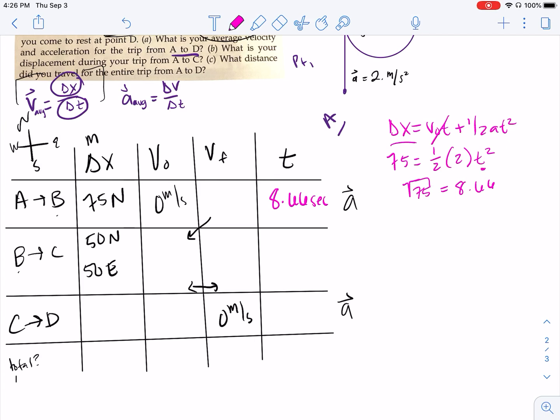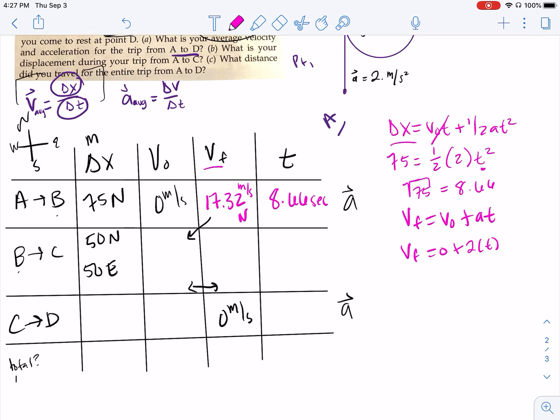Now that I have time, I know that v final equals v naught plus at, because I need to find my v final. So v final equals 0 plus 2 times my time, and that's going to give me 17.32. We were going in the north direction here.